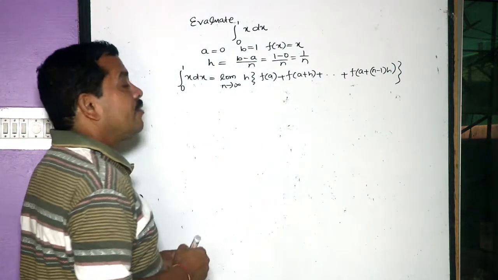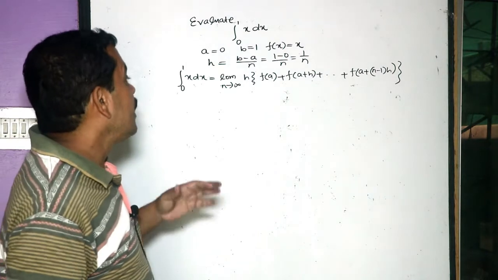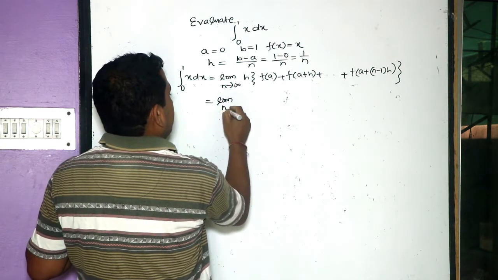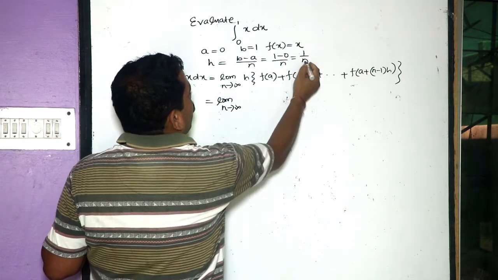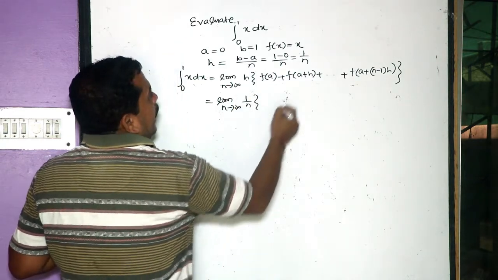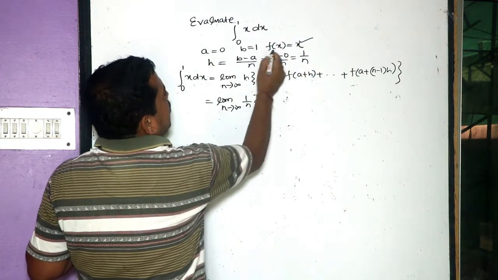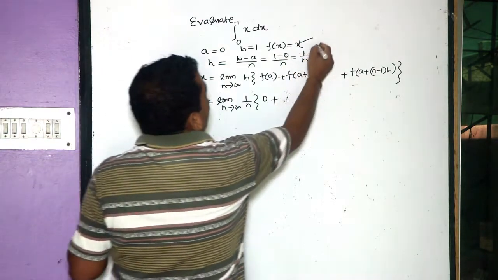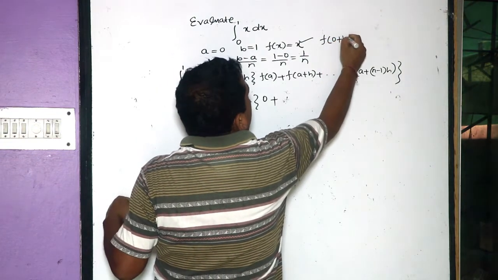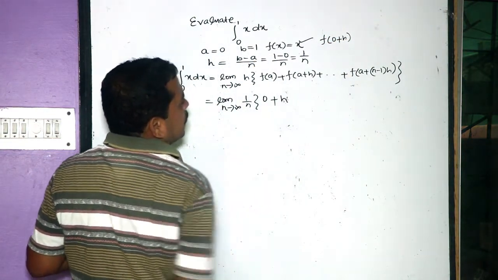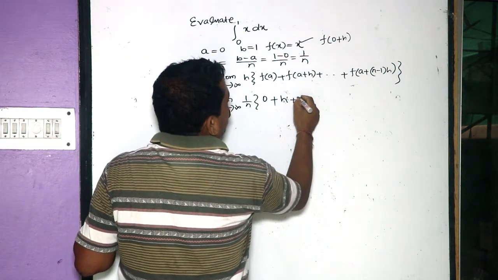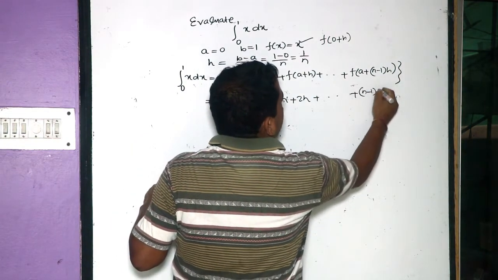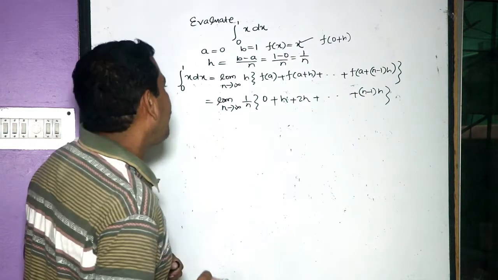This is the formula to evaluate the definite integration as the limit of the sum. Now limit n tends to infinity, h means 1 by n, into [f of a, that is f of 0, equals 0, plus f of a plus h, that is 0 plus h, f of h is h, then 2h, plus dot dot dot (n minus 1) into h], because a is 0.